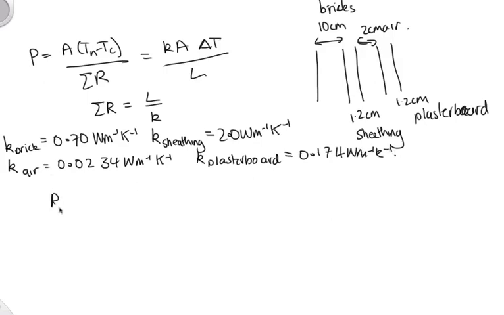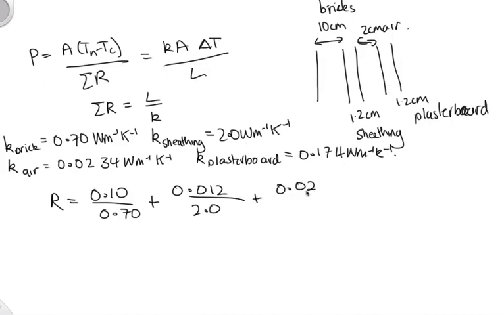So R is equal to 0.10 meters over 0.70 plus we've got the sheathing, so that's 0.012 meters over 2.0 plus the air, which is the 0.02 over the 0.0234 plus the plasterboard, which is the 0.012 over 0.174.